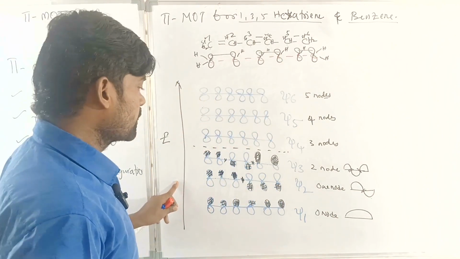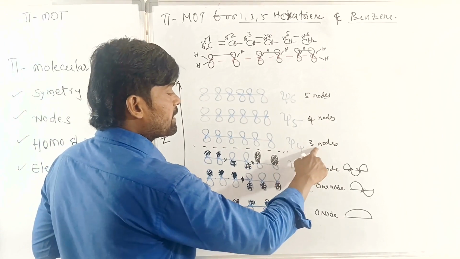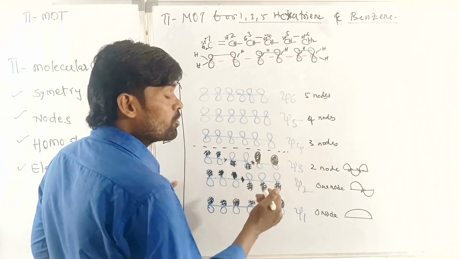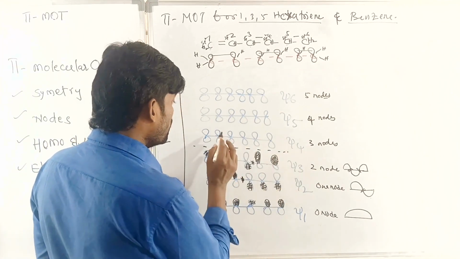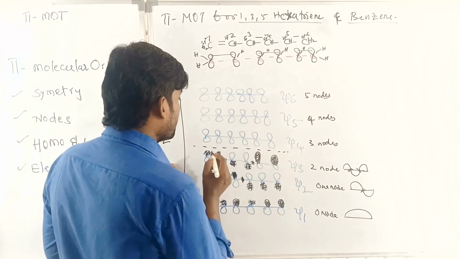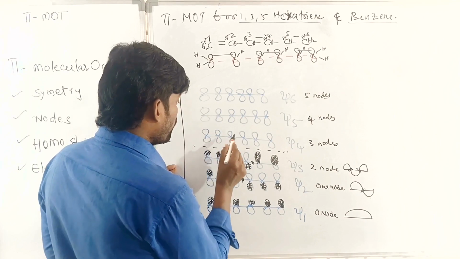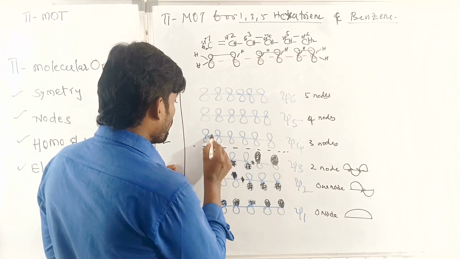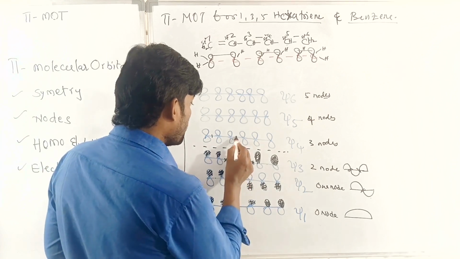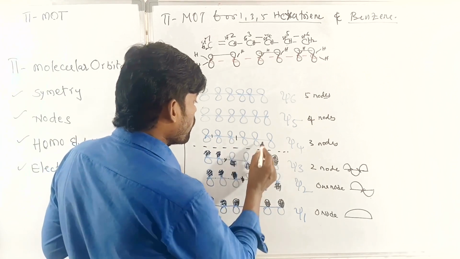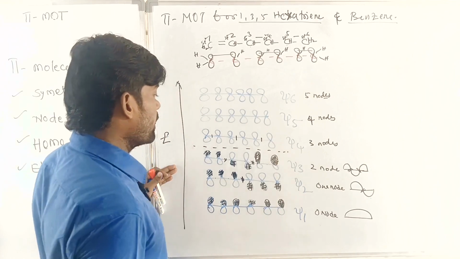Now Psi4 has 3 nodes. How do we count? We have to separate them with equal priority. I am giving 1 node here, 1 more node here, and one more node here.